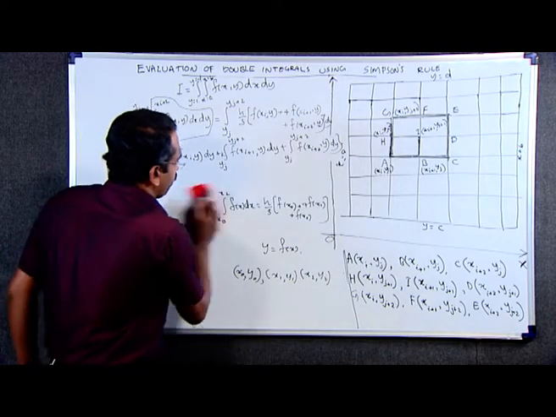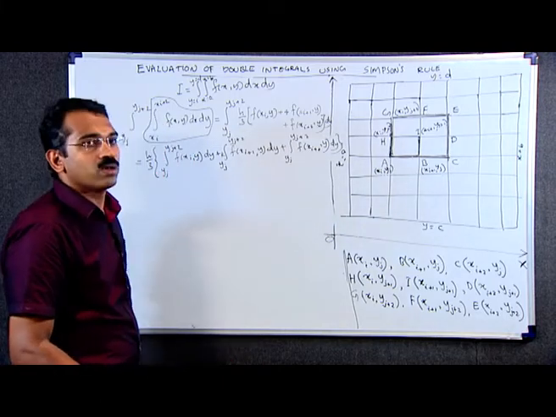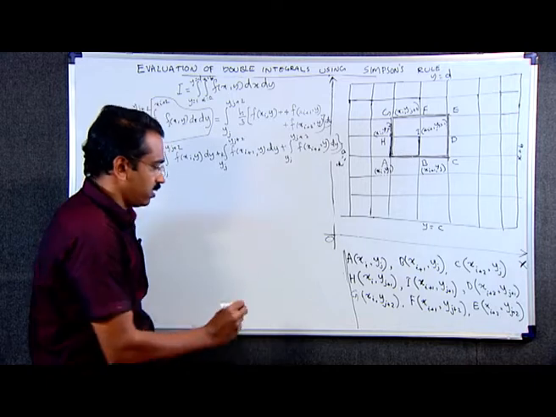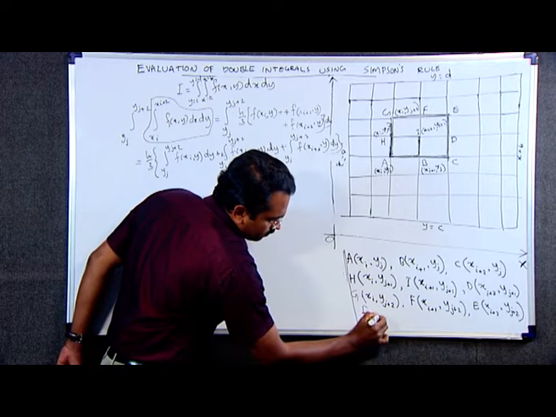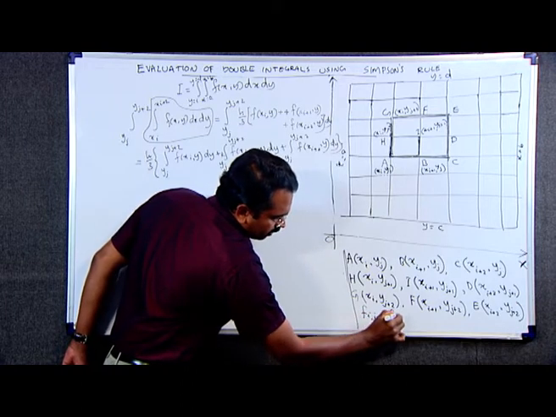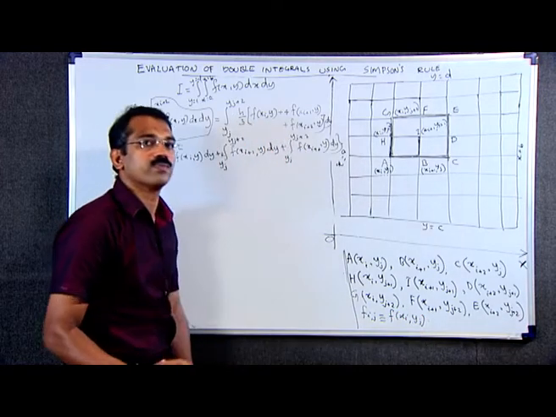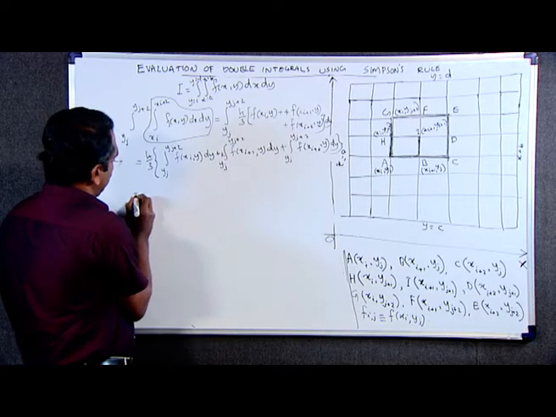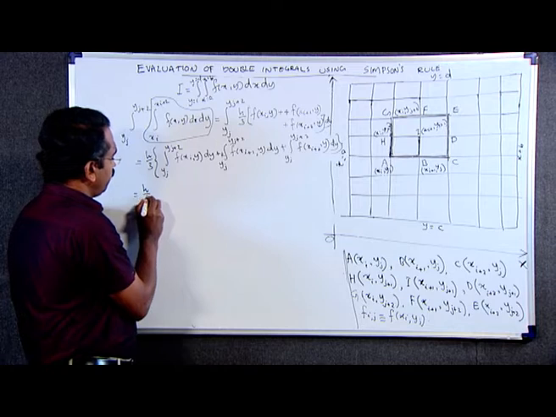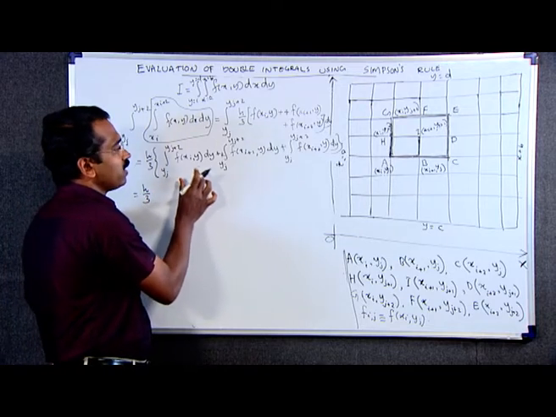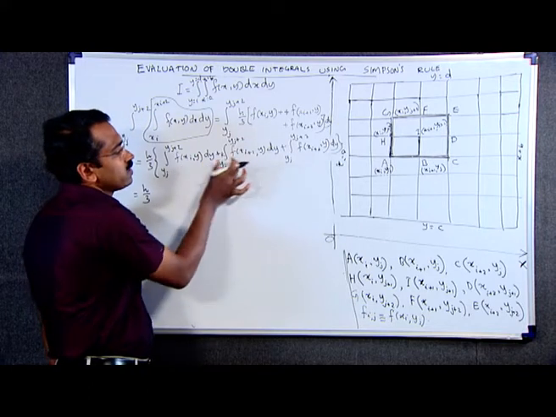This is equal to, as in the previous session, we use the notation f of ij for f of xi comma yj. Now, this is equal to h by 3 into, we shall use Simpson's 1/3 rule for each of these integrals.